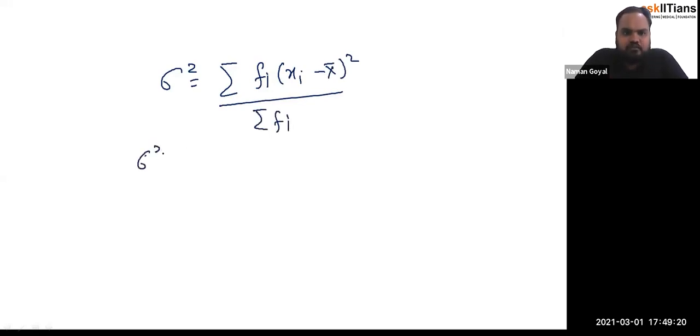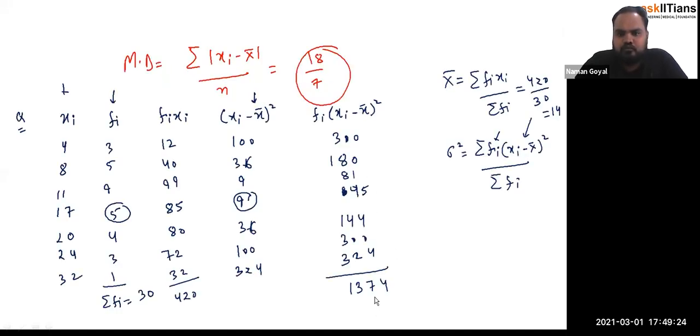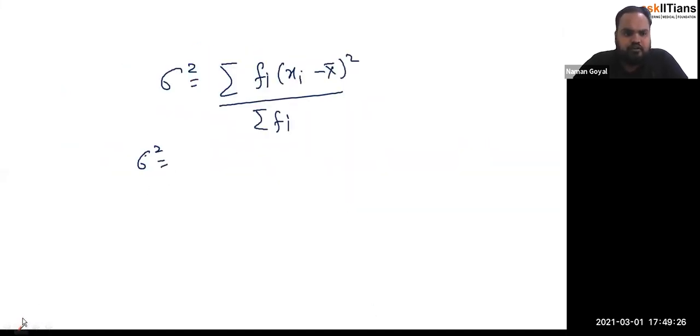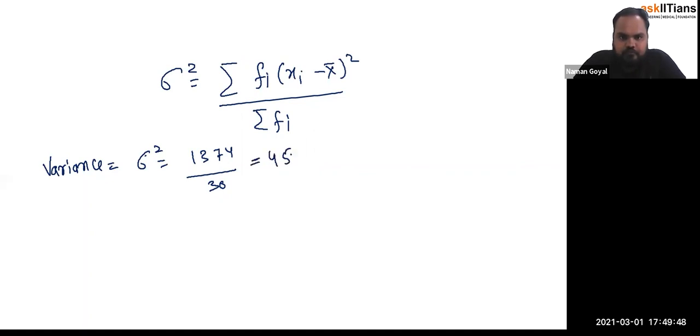So sigma square is nothing but, if you see what we got, this sum 1374, so it will be 1374 upon summation fi, which is 30, right? So sigma square, which is variance. So the variance of this particular question's data is, if you solve this, you will get 45.8.